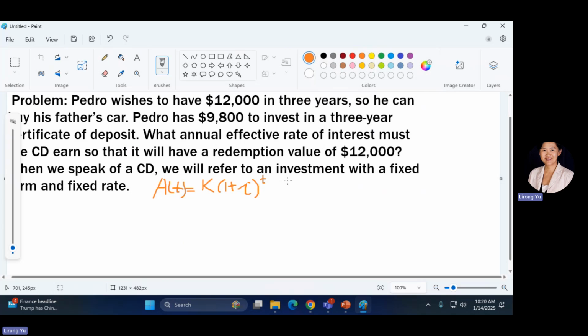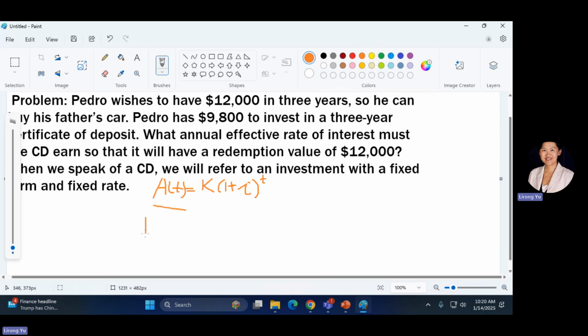The T, in this case, was a 3-year investment, so T equals 3. A_T is the final amount that you needed, so A_T is the 12,000. So we use the compound interest model as our way to set up the equation.